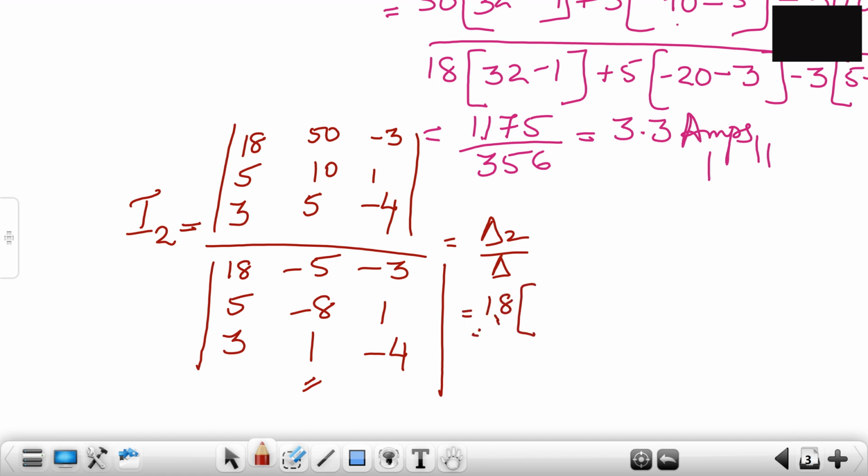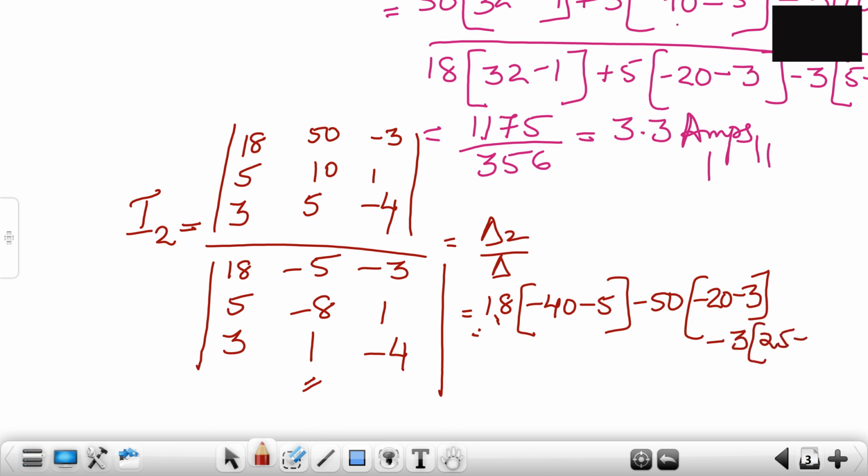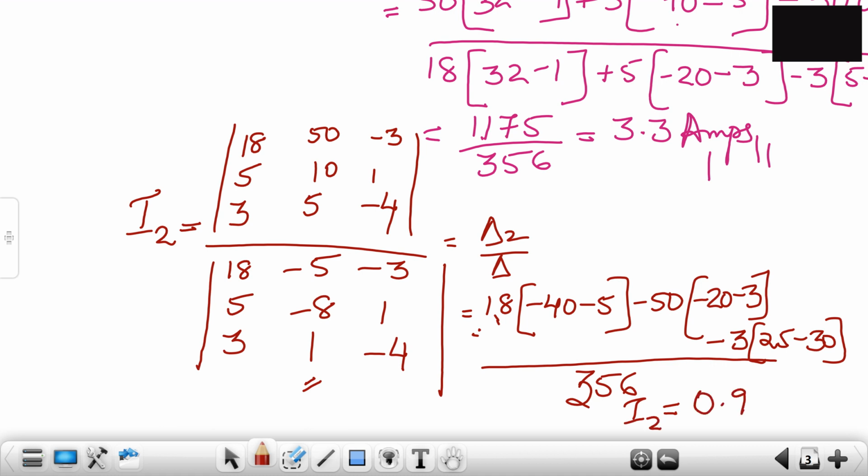You will get 18 into minus 40 minus 5 minus 50 if you solve the determinant, upon 356. So I2 is 0.997 amperes. That's how you find out I2.